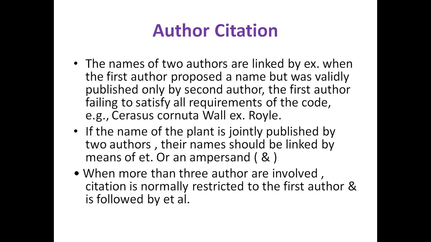And also when more than three authors are involved in the publication of that plant, the citation is normally restricted to the first author followed by et al. So only the first author's name is kept, and they use et al. at the end.